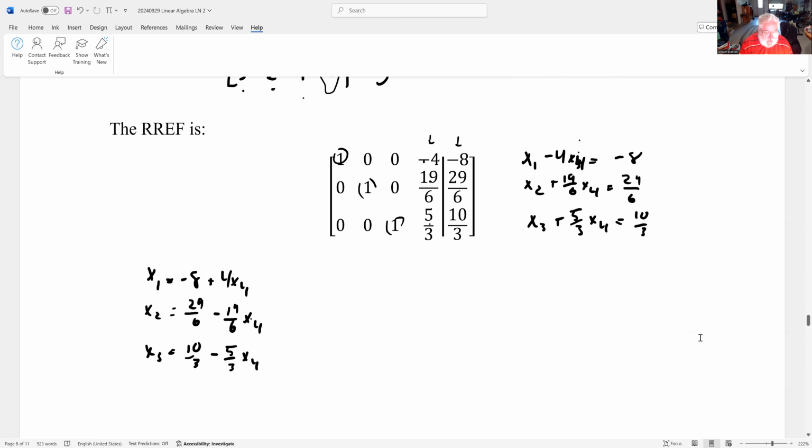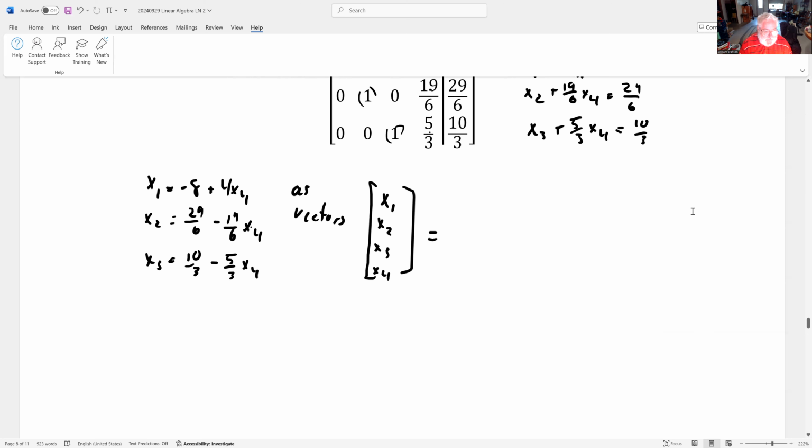In terms of vectors, we want something of the form x1, x2, x3, x4 equals something. But we don't have an x4 equal to something here. So we introduce a parameter, x4 equal to t.